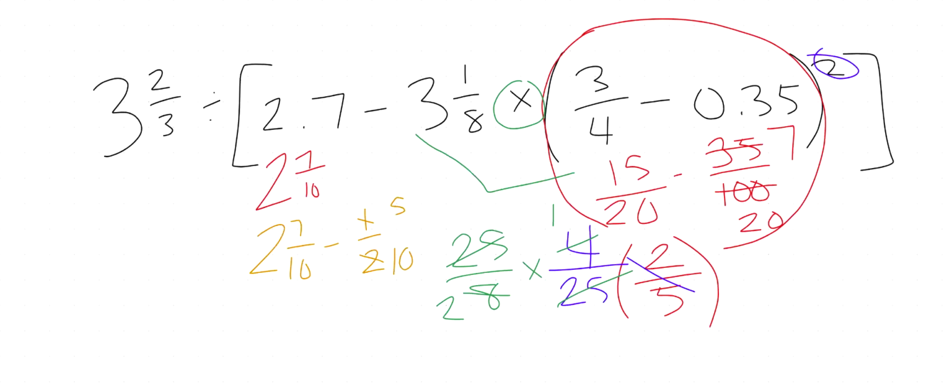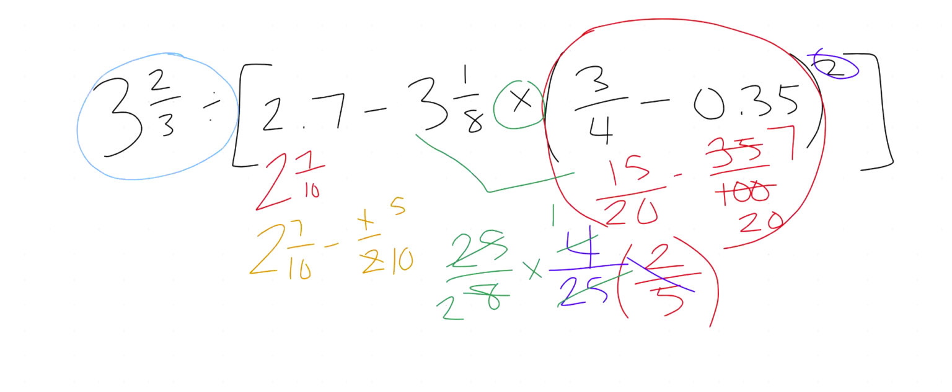So then 2 and 3/10. No, 2 and 2/10. And then reduce it. 2 and 1/5. Good. So now we need 3 and 2/3 divided by 2 and 1/5.